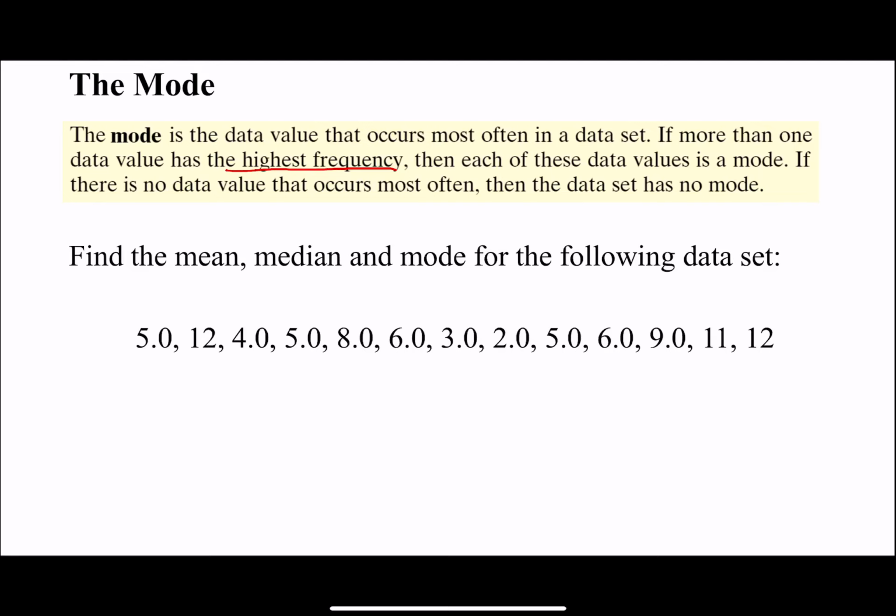What do you think? Let's look at the data. 5 has happened, as you see, 3 times. 12 has happened twice. 4 has happened once, right? What is the frequency of 8? 1. So which data item has the highest frequency? 5. So the mode is 5.